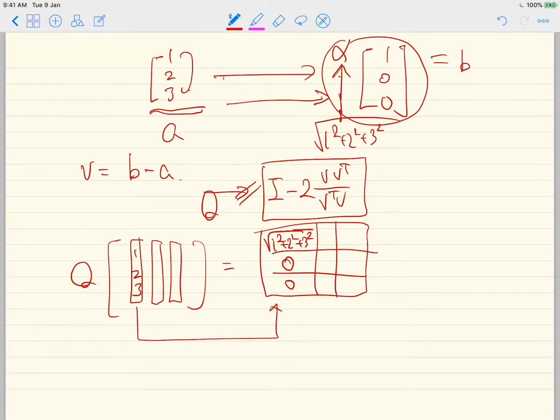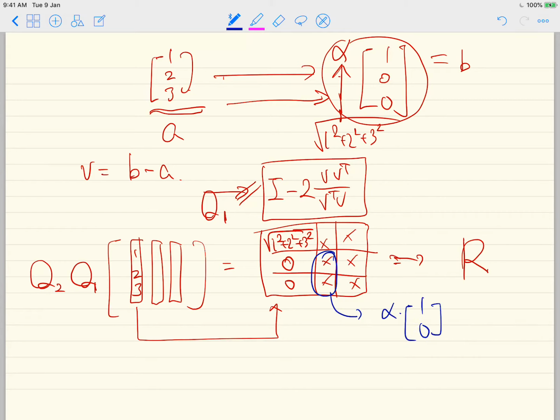Let's call this Q1. Now it's time to handle the second column. In order to handle the second column, we consider another matrix Q2 that transforms this part into also some alpha times 1 and 0.